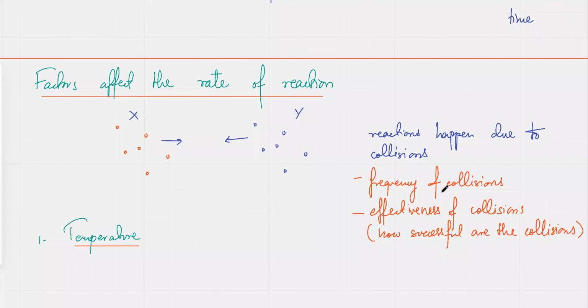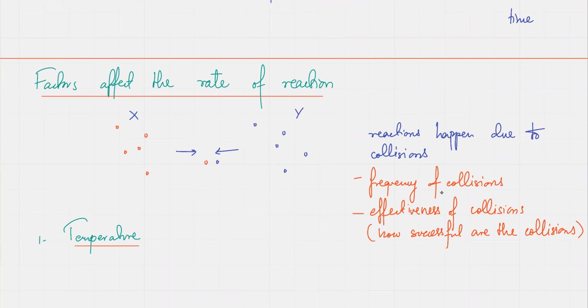So what this point means is that if this red particle were to collide with the blue particle and there was going to be a reaction, how strongly do they collide? What is the force with which they're colliding? Do they have enough energy?